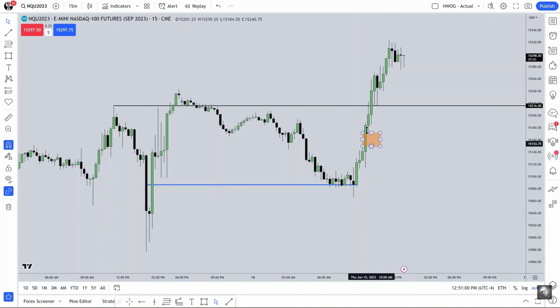So this gap here, even if this wasn't here as a fair value gap, this gap that's shaded here, the one that's shaded, let's put it that way, I would treat that regardless of the gap on the other side here.